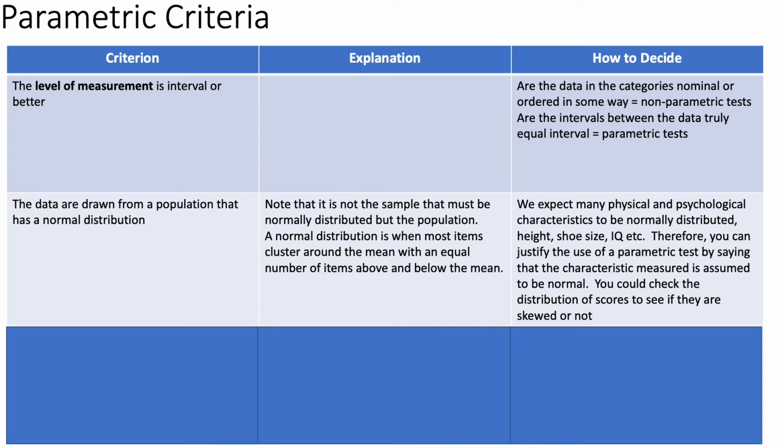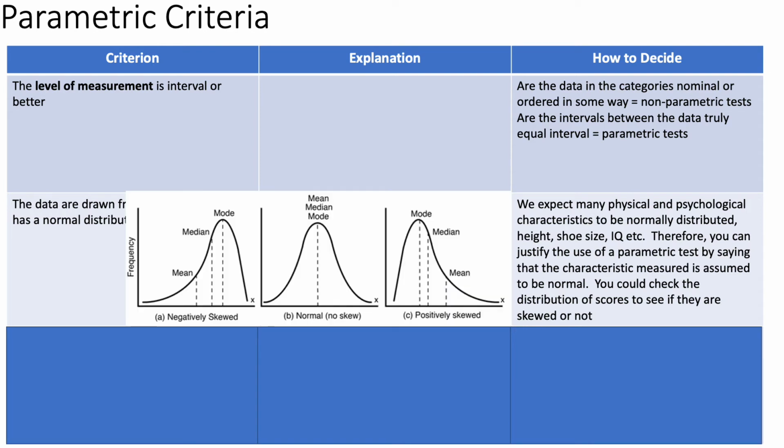So before we justify the use of a parametric test, we can test whether our data is normally distributed, negatively or positively skewed. So if you remember this, negatively skewed data, it means that the mean is to the left. We remember that because left has an E in it, negative also has an E in it.